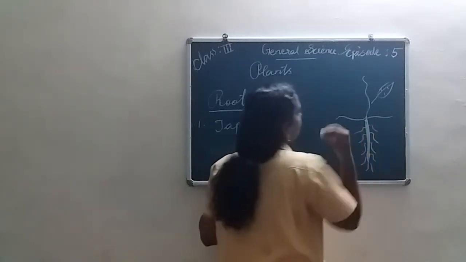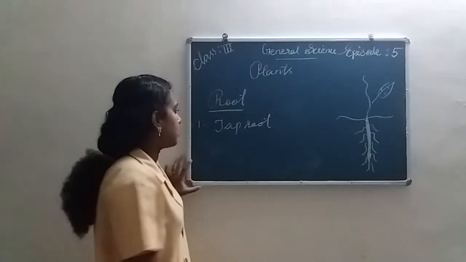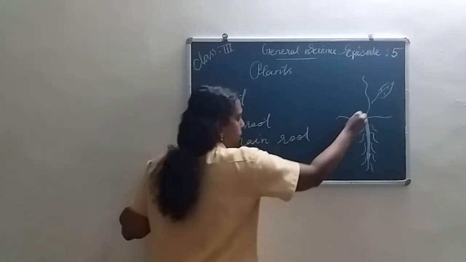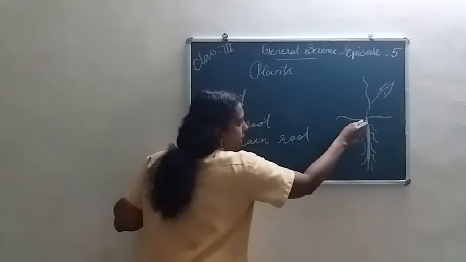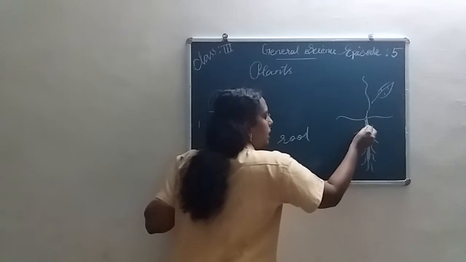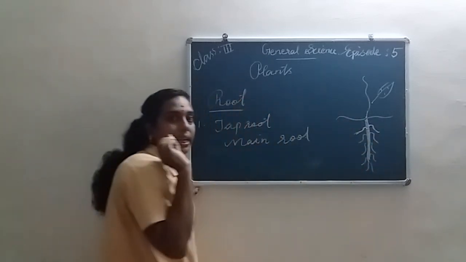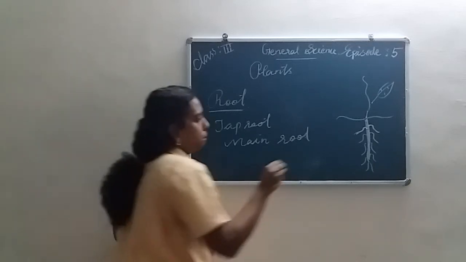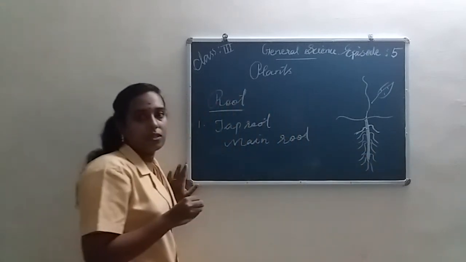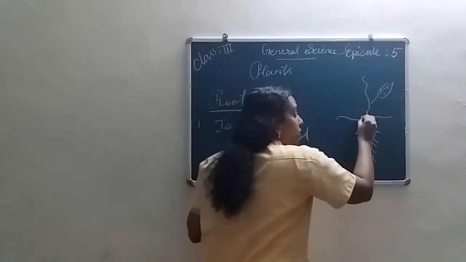These are called taproots. In taproot there is a main root that comes from the base of the stem, and many small roots come from the main root.